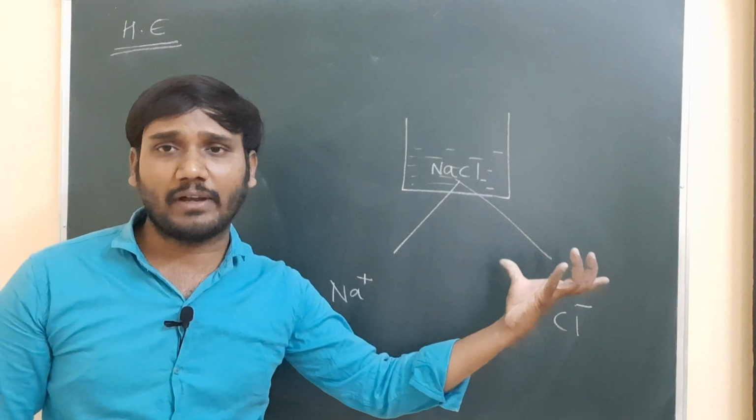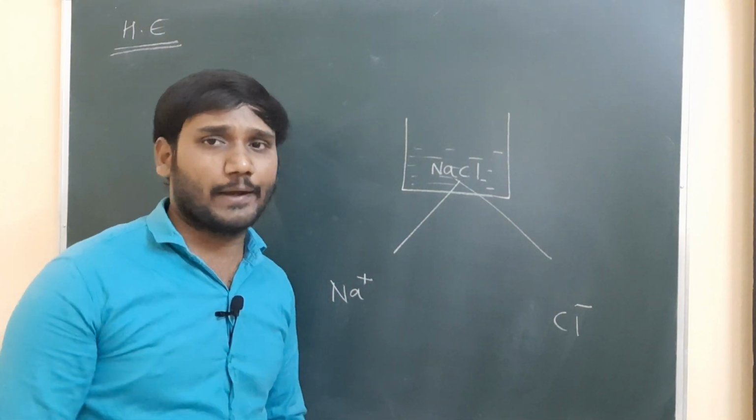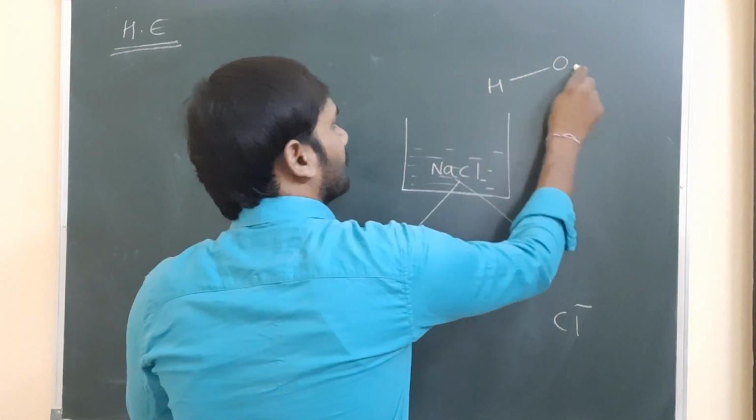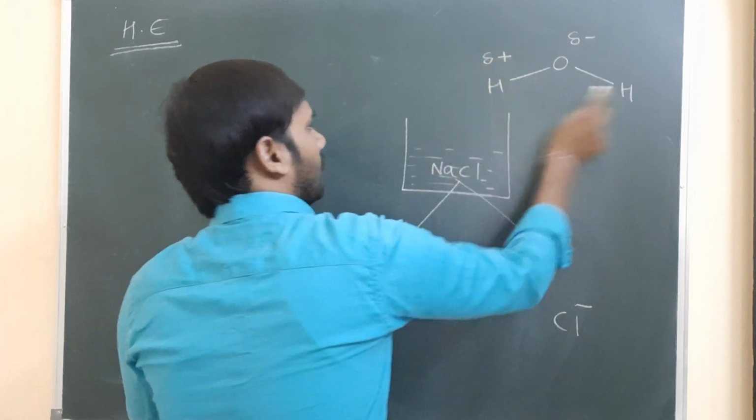Because water has a dipole nature, meaning it has a positive character and at the same time a negative character. If you see the water molecular structure, oxygen is more electronegative, so it is partially negative, and hydrogen is partially positive.